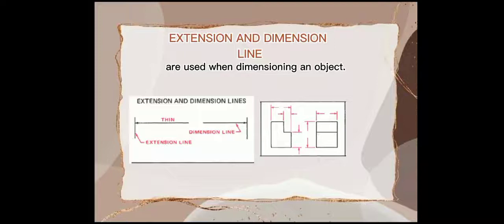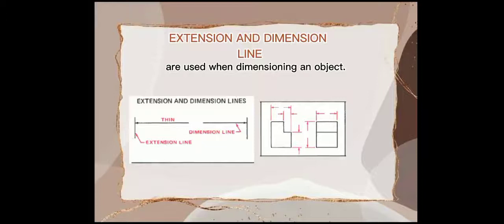And the next one is the extension and dimension lines, which are used when dimensioning an object. As you can see in the picture, the extension and dimension lines. The extension line is a prolongation of a specific or main object, or in Tagalog, pagpapahaba.